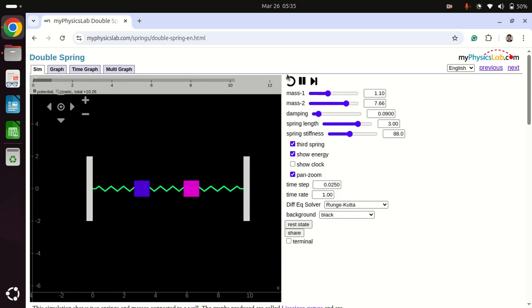Okay, let me reset and now start oscillating. Now they are not showing much difference.